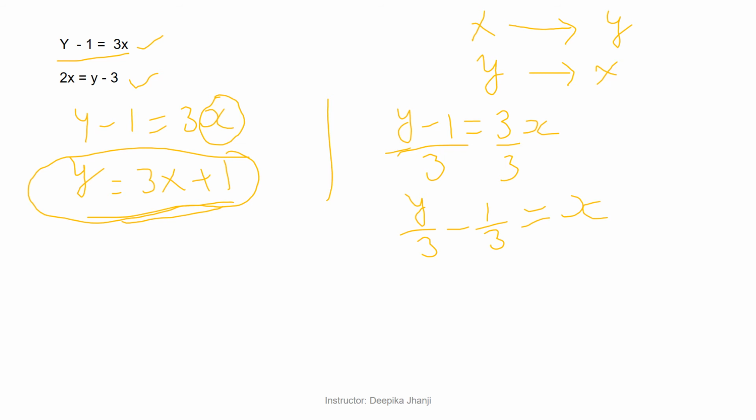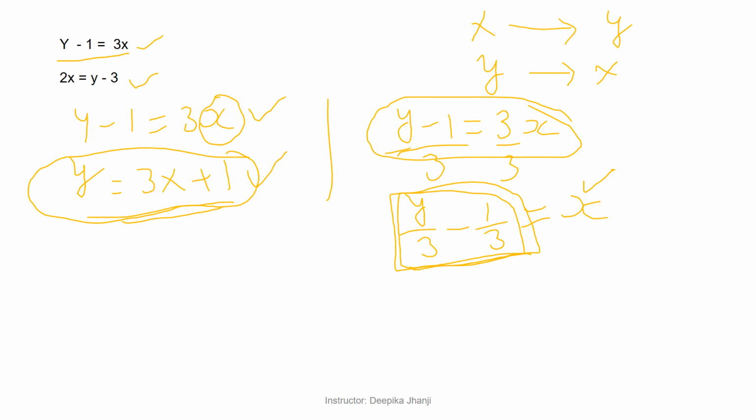Now you can also proceed with this value of x, but the thing is you are getting your calculations in fractions, right? And operations with fractions are a little lengthier than operations with whole numbers. So it's better to pick this method instead of this method to avoid fractions. So I'm going to go with this method now. I'll isolate y.